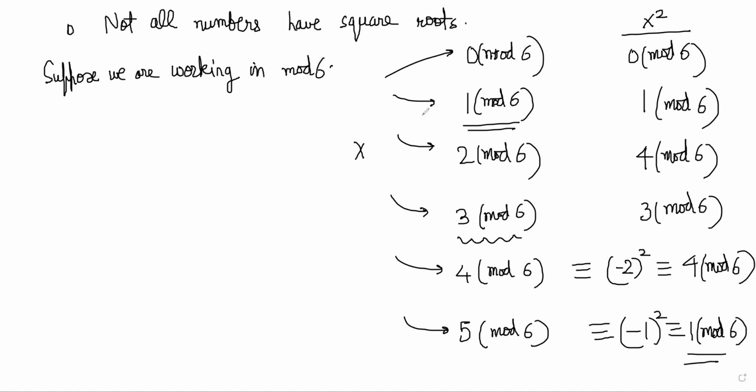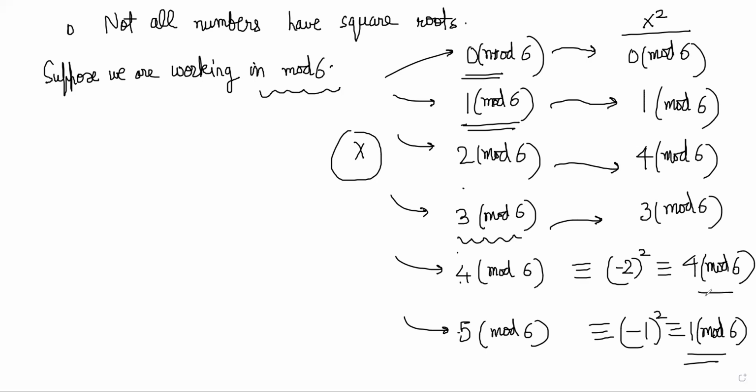So what we are getting is there are only 6 types of numbers when we work in mod 6. They can either be 0, 1, 2, 3, 4, 5 mod 6. And when you do squares of the 6 types of numbers possible, you end up getting these different residues for x square. So working in mod 6, x square can be what?